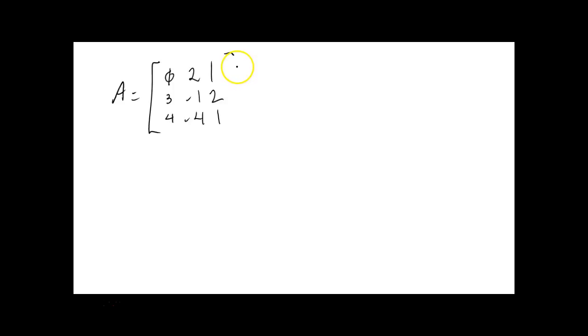What do I add? Yeah, and call out the numbers for me. 0, 2, going by rows. 3, negative 1. 4, negative 4. Okay, what's next? Yeah, multiply down your main diagonals.